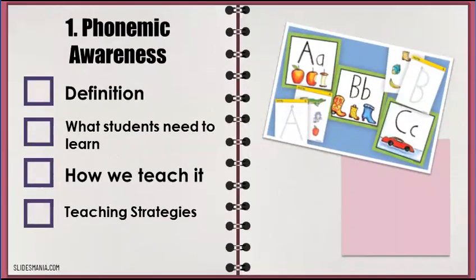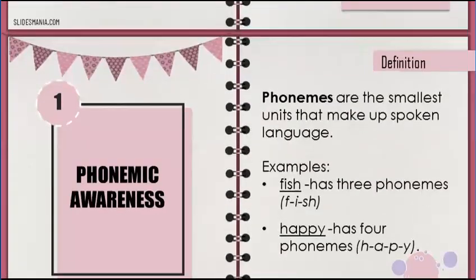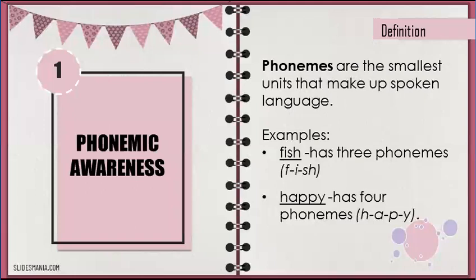First, let's talk about phonemic awareness, its definitions, what students need to learn, how we teach it, and some teaching strategies that we can use. Let's define what is phoneme. Phonemes are the smallest units that make up spoken language. The English language has 41 phonemes and they are combined to form syllables and words.